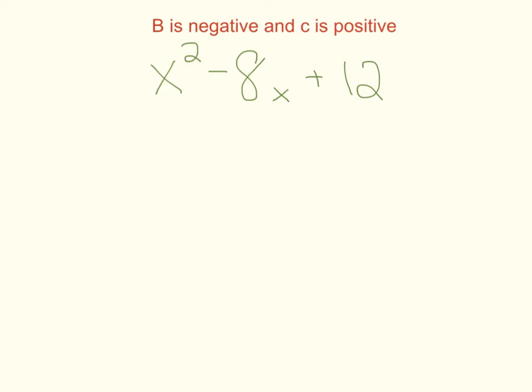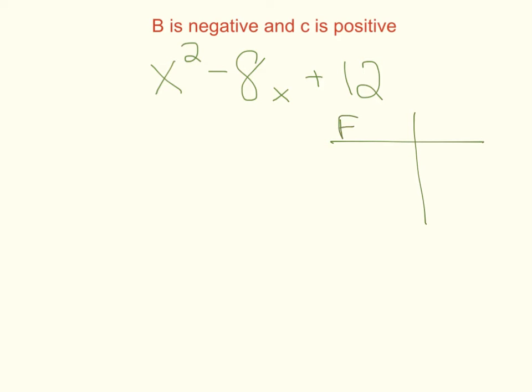Now, when you have one of the numbers negative and one of the numbers positive, it can become a little tricky. The easiest way to do it is to list the factors of the 12, or the c, and then find the sum of each of those factors to determine which one works for b. So what I mean by that is, let's list the factors of 12.